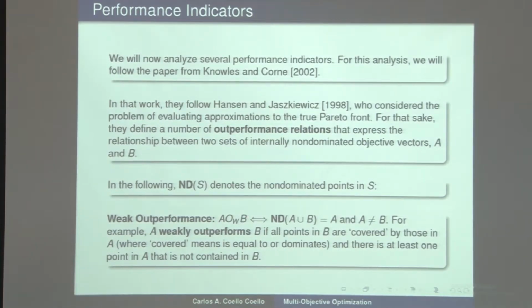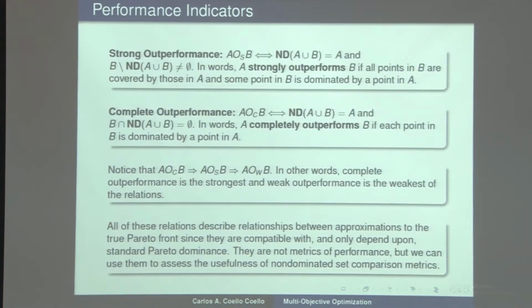Remember, we are operating with sets of solutions. So all this analysis I will show you is related to whether the indicator can or cannot tell me if one is better than the other. In many cases, you will see the performance indicator is unable to tell me if approximation A is better than approximation B. And this is the puzzle about performance indicators.